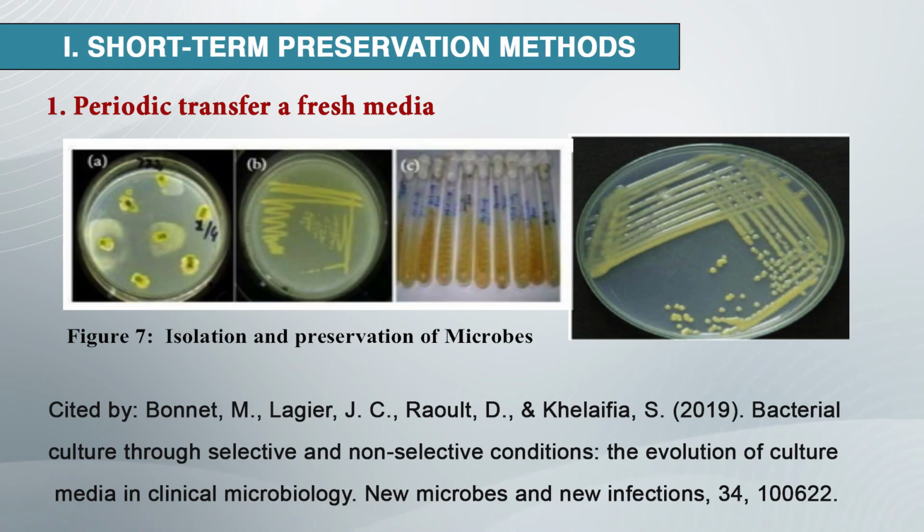Short term preservation method: periodically transfer to a fresh medium. Strain can be maintained by periodically preparing a fresh culture from the previous stock culture. The culture medium, the storage temperature and the time interval at which the transfers are made vary with the species and must be determined beforehand.